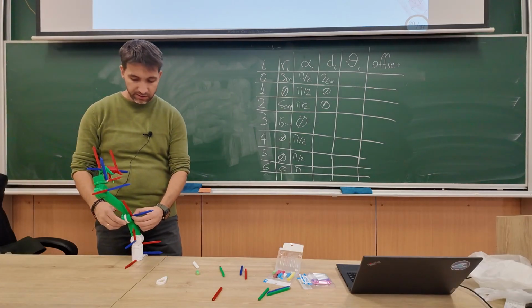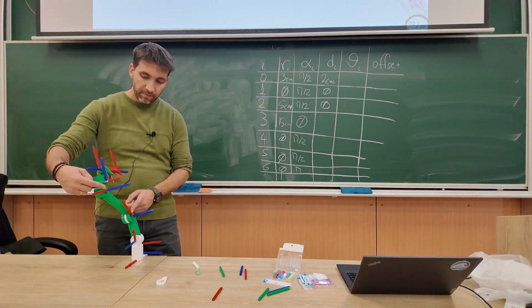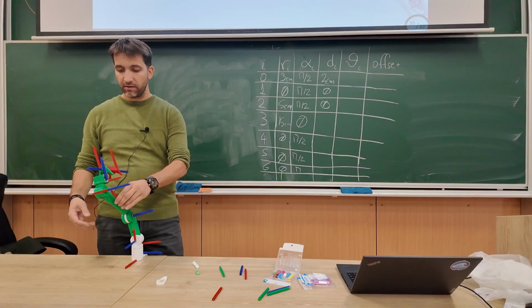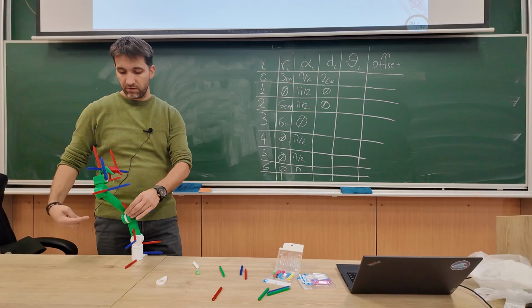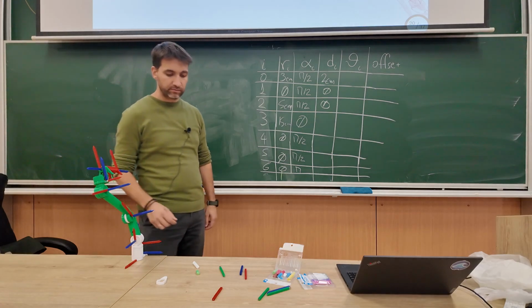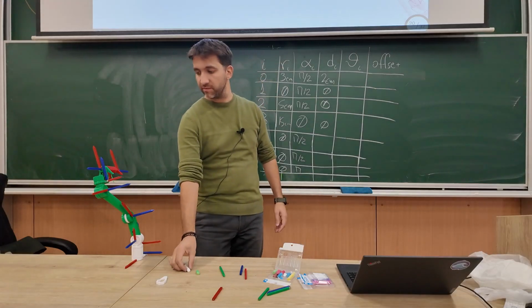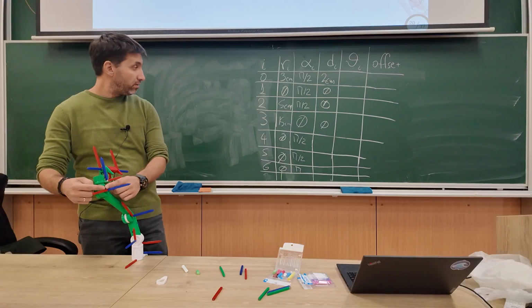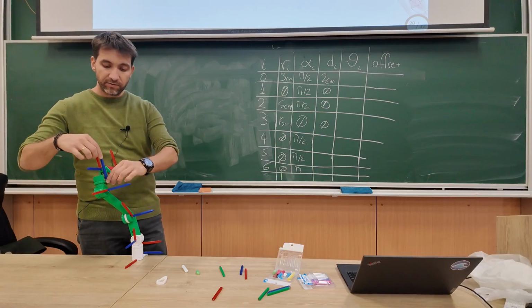Then we have x3 to x4 along z4. It's basically this distance between these two, which is 0 as well. It's a lot of zeros. Then we have x4, x5 along z5.